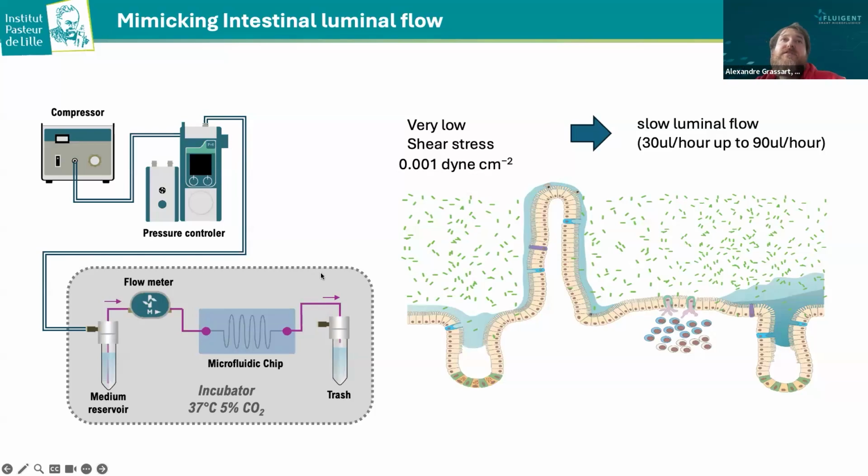And so this is the strength of this pressure controller, because it's very stable, even at very low level of pressure. And the advantage is that you can also combine this with a flow meter just before your chip, so you can always control the flow that is applied, and you have a back loop to the system, so it always regulates and monitors the flow that is going into your chip. And the chip and all the system can be placed very easily into an incubator, so the cells remain very happy.